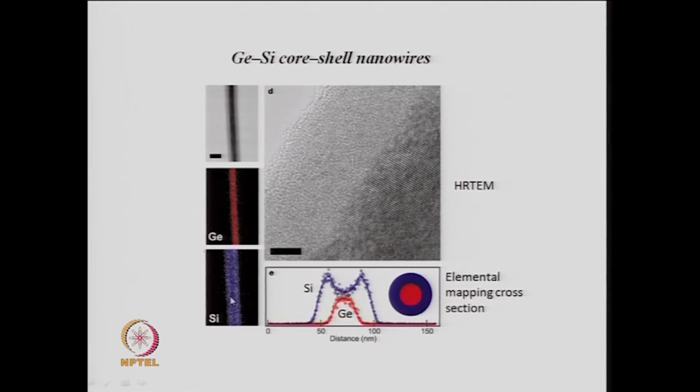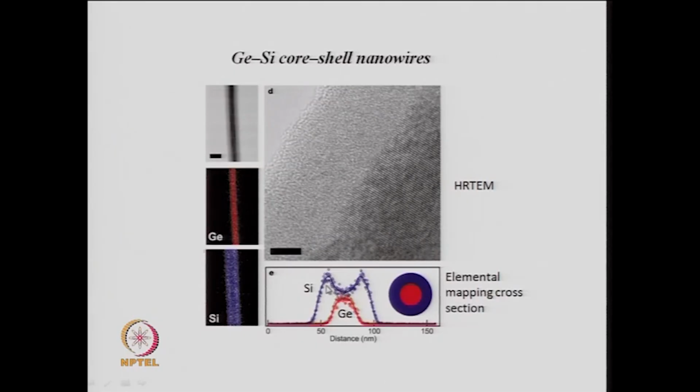So, you can also plot this presence of silicon and germanium through this kind of elemental cross sectional mapping, and you will see that at the center, this is the center. So, if you take the cross section of this wire, at the center you will have only germanium, the red color, and on the periphery, which is the blue color, you will have silicon.